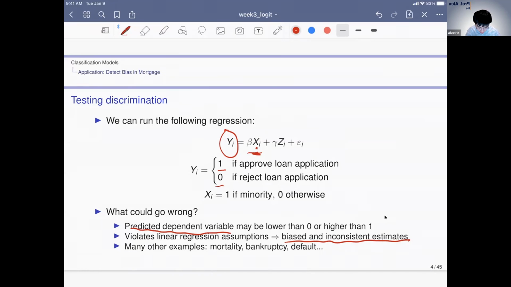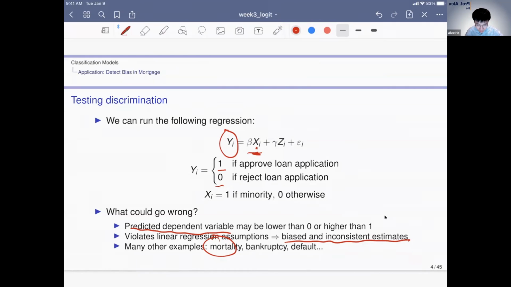And we have plenty of such examples in everyday life. In medical experiments, you may want to predict whether the patient will die or survive from some treatment, and there you have a 0, 1 variable, right? Either it dies or it lives.